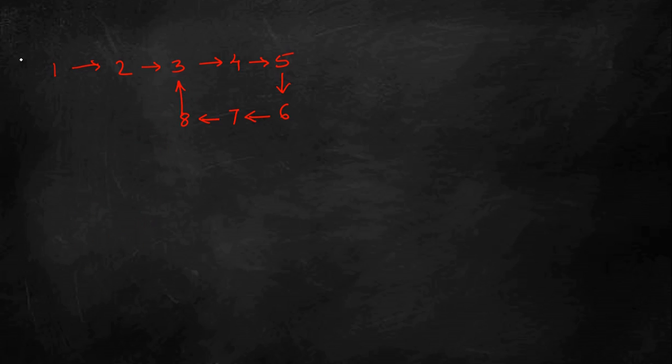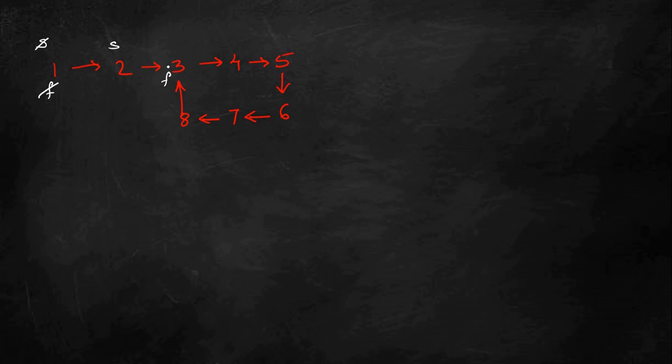Let's say our slow pointer is marked as S and fast pointer is marked as F. Initially both will be at the same position, which is at head. Now when the slow pointer moves one position to this point, the fast pointer will move 2 positions to this point.